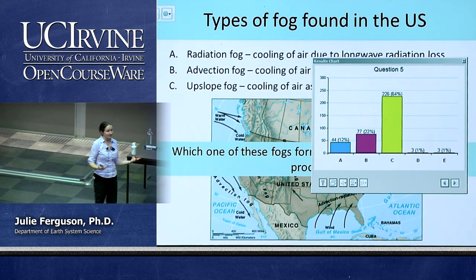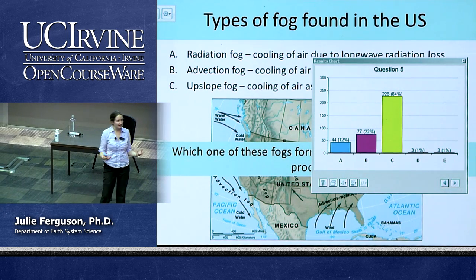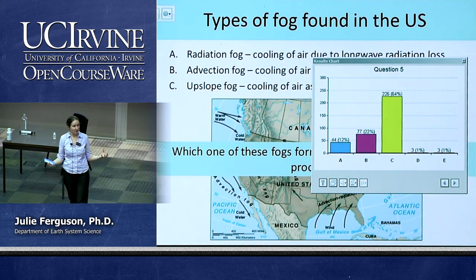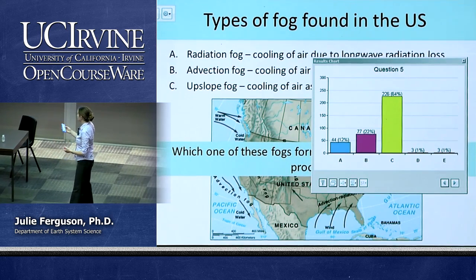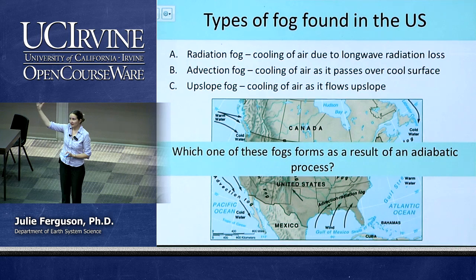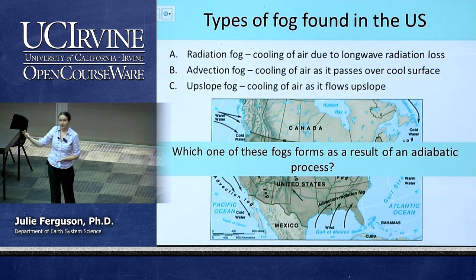Because what is an adiabatic process? What is our definition of an adiabatic process? Yeah, a change in pressure, right? So if we think about A, the radiation fog, we're losing energy from the system, right? We're losing energy by radiation. That's why it's cooling down. So it's a diabatic process.